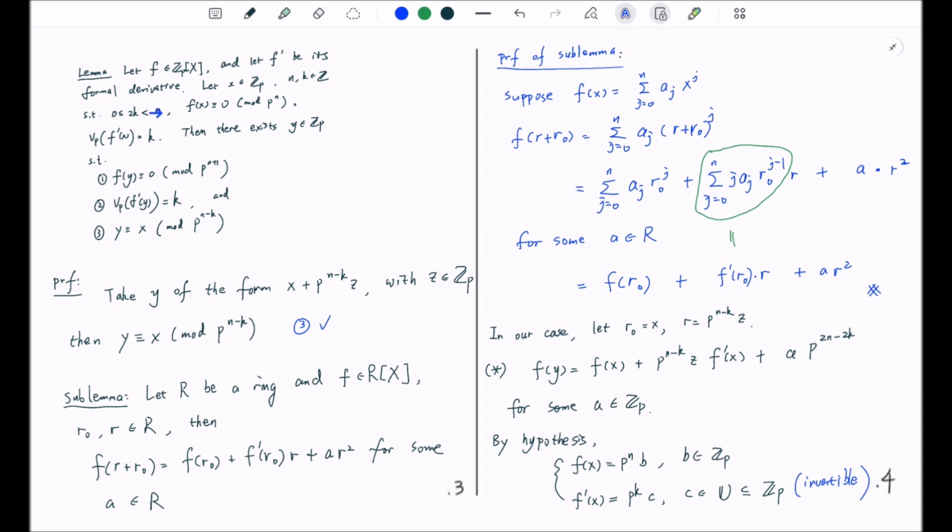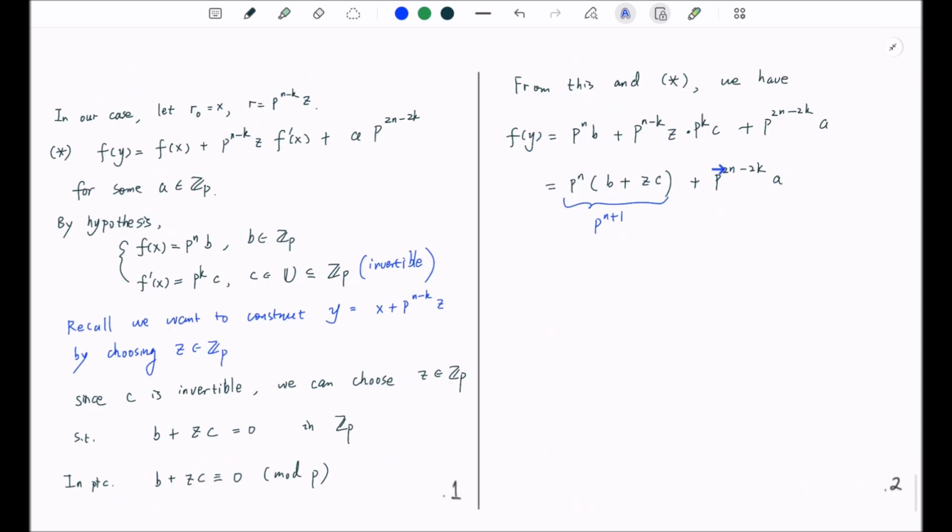Our assumption says that n is strictly bigger than 2k. So 2n minus 2k must be at least n plus 1, because n is strictly bigger than 2k. So this part is divisible by p to the power n plus 1. So the whole thing is divisible by p^(n+1).